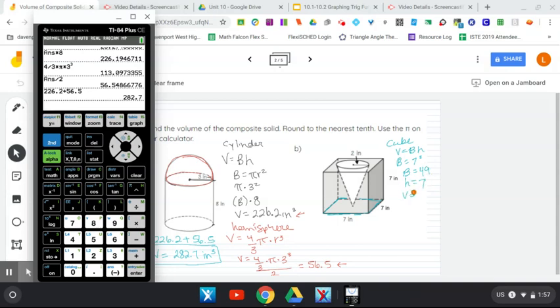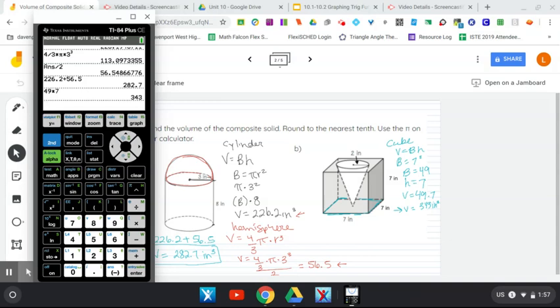The volume will be 49 times 7. I'll go to the calculator, do 49 times 7, and I will get 343 inches cubed for my first volume. I'm going to make sure I point an arrow to that because I want to reference that volume later.